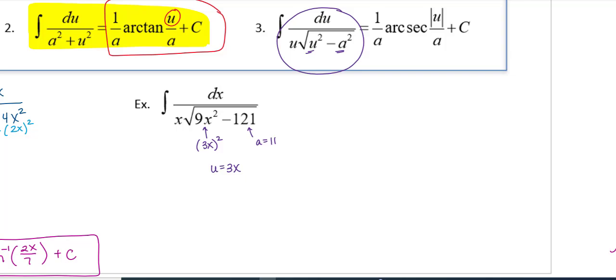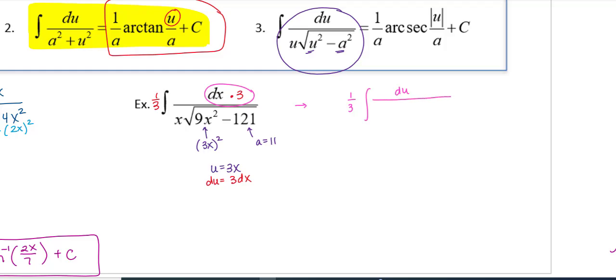That's a constant, but I want to make sure that I account for my du as well. So du would be 3dx. So I'm going to multiply by 3 on the inside, so I will multiply by 1/3 on the outside. And that way now I have 3dx in, which will become du.